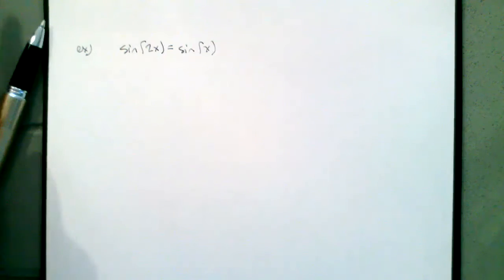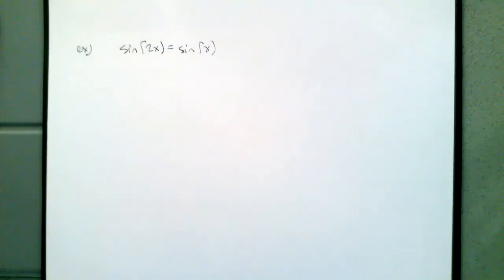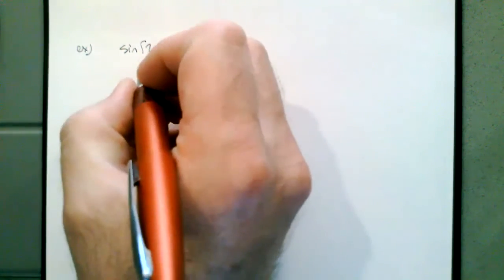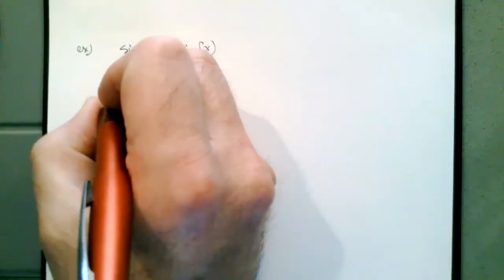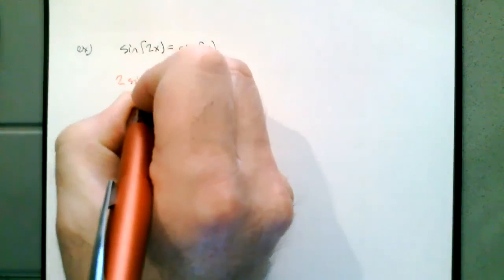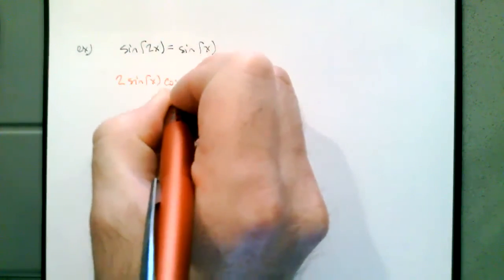So once again, this is going to rely on us not necessarily knowing what to do, but looking at what we have and thinking about what we can do. And what we can do is that sine of 2x, replace that with a double angle identity. So sine of 2x is 2 sine x cosine x.